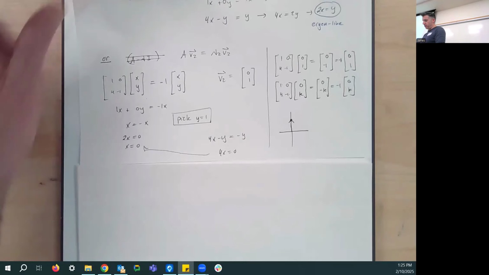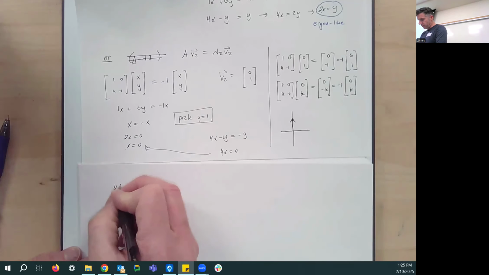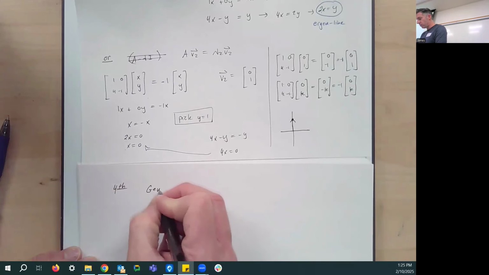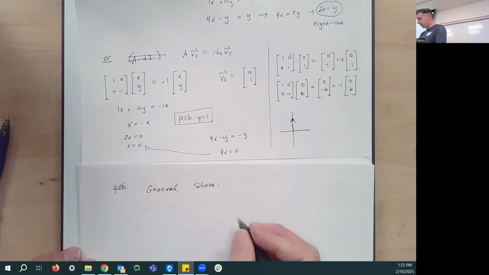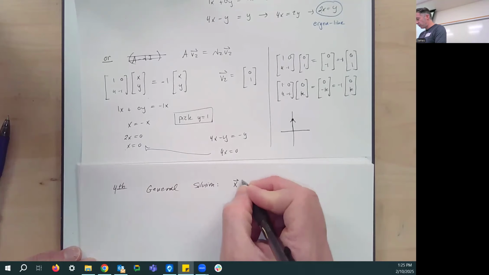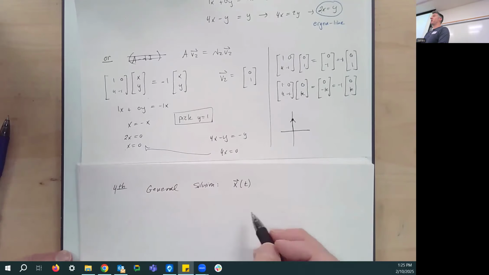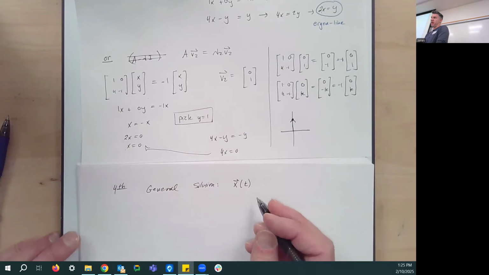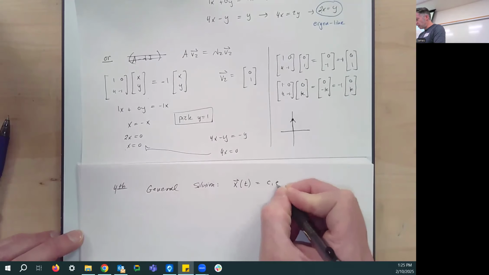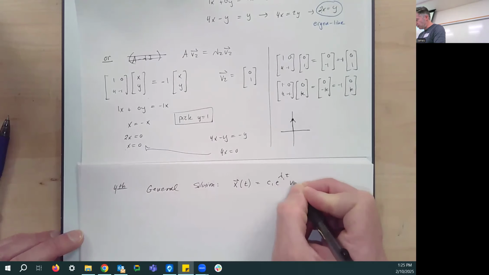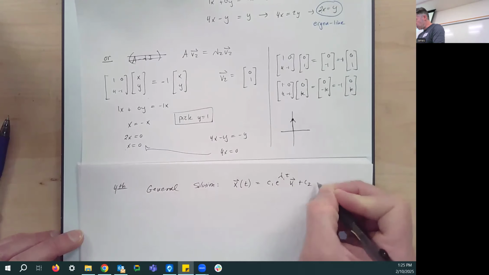A reminder, our general solution, which you definitely should memorize, is going to be x as a vector. This is probably why people like to use x1 and x2 instead of x and y. It feels kind of weird to write x and y as a vector x, but we do it. It's going to be c1 e to the lambda 1 times t times v1 plus c2 times e to the lambda 2 times t times v2.